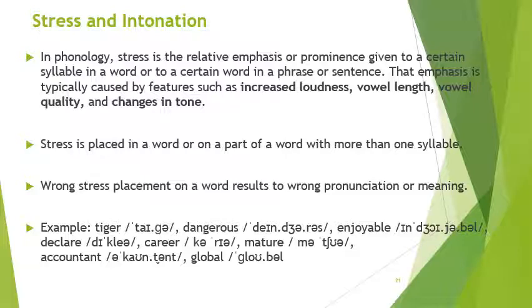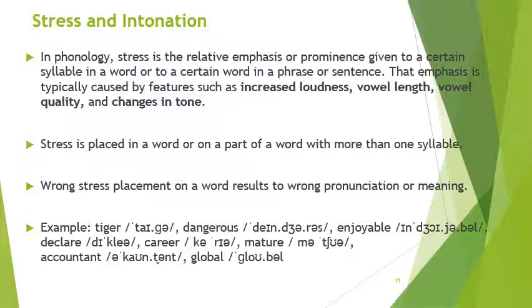Stress is placed in a word, on part of a word with more than one syllable. That is to say that you are only placing a stress on a syllable in a polysyllabic word. For instance, you have a word of 8 syllables, so you are instructed to place a stress on only one syllable.